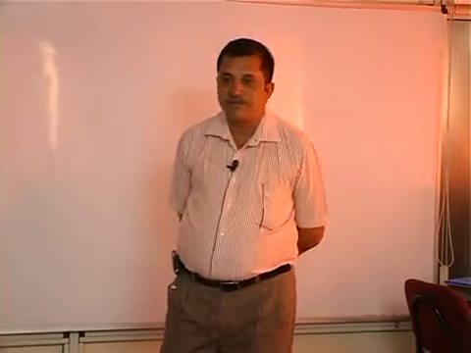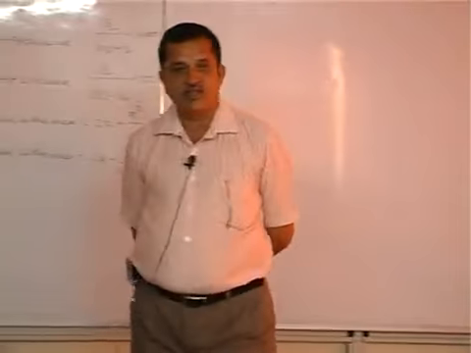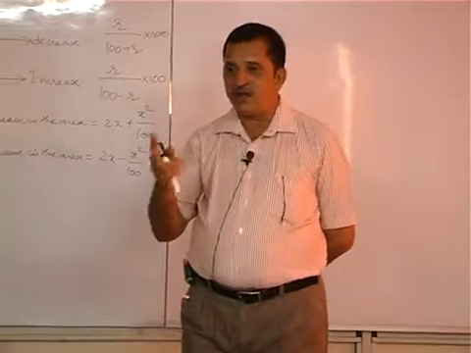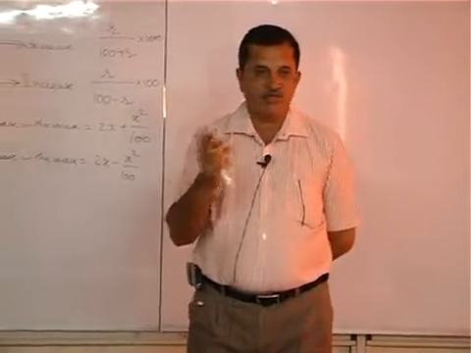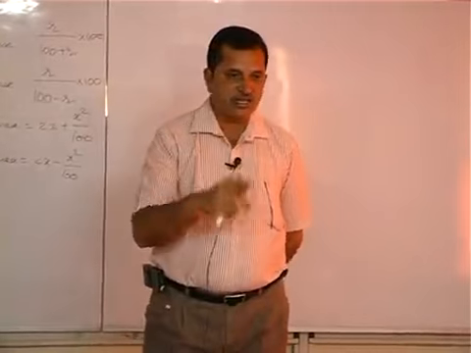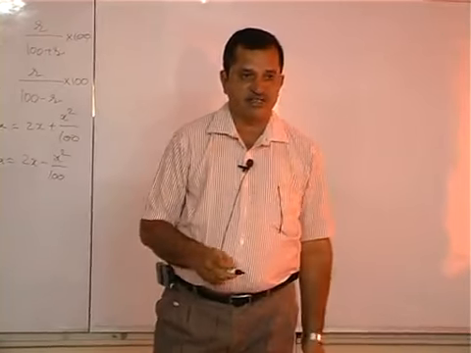See here, whenever the increase and decrease percent values are the same, whatever the order, he may ask first increase and then decrease, or first decrease and then increase, whatever it may be. If both values are equal, the result is always a decrease.